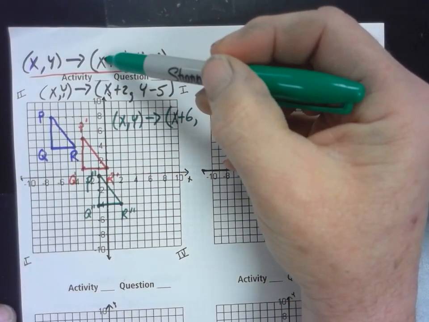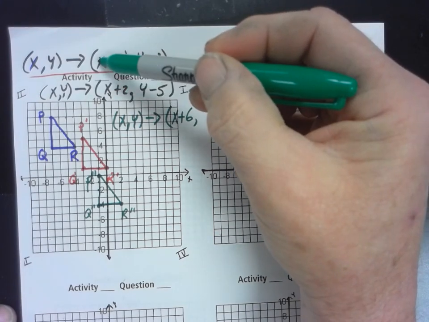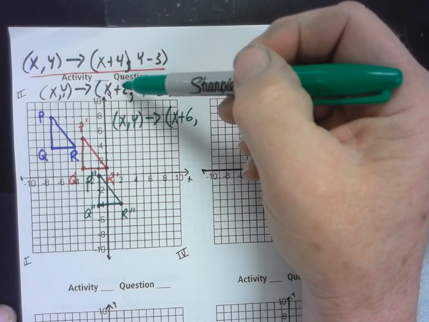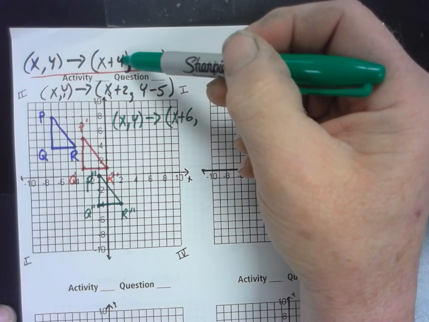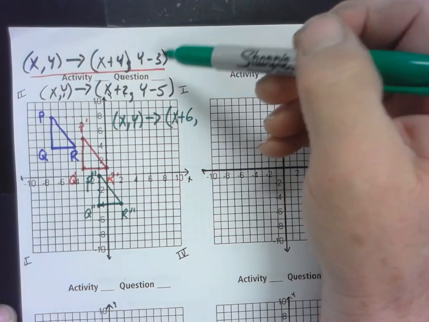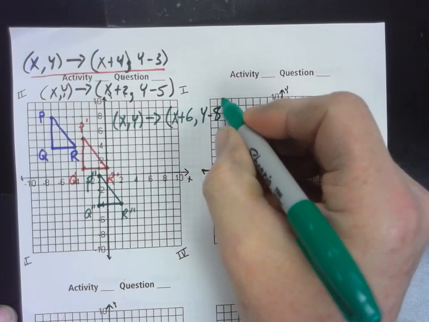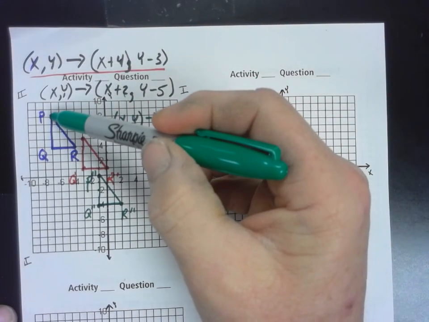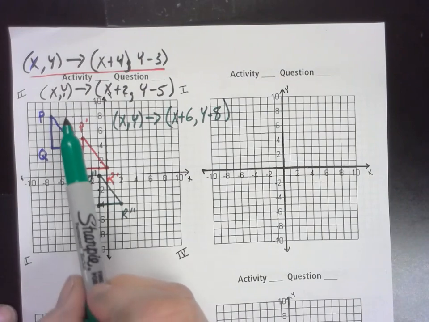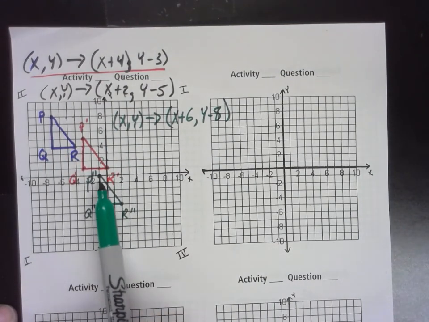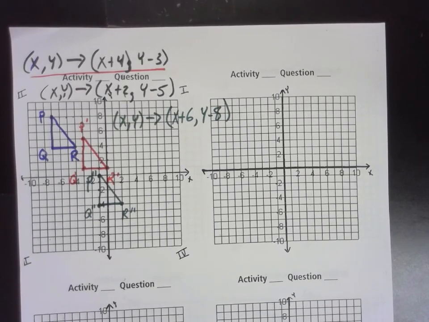Like if we added these together, you'd almost think it would be 2x plus 6, wouldn't you? But we're just adding what's going on with the x coordinates and what's going on with the y coordinate. So that would just be y subtract 8. And you'll notice, can we go from P to P double prime by going to the right 6 and down 8? Yeah. So that's all there is to it. That's a translation.